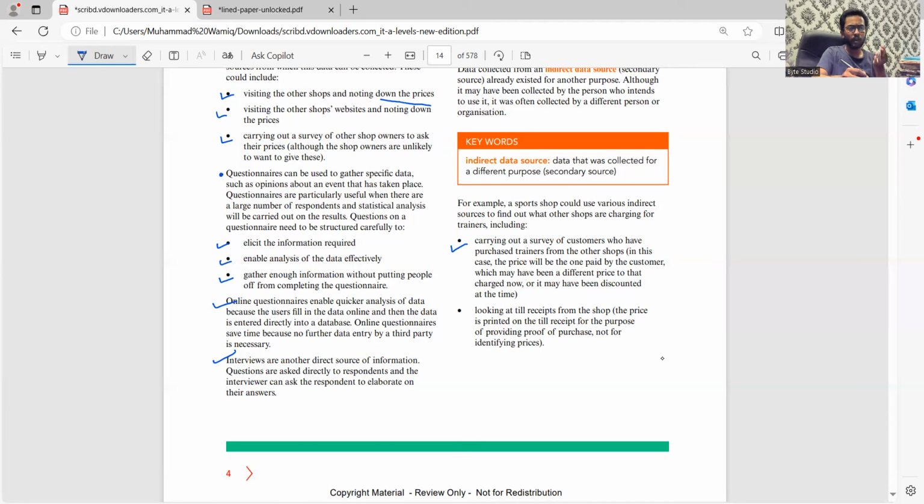It could be a document, it could be a form, it could be a receipt that is already purchased by the customers, and you are focusing on that, or you are working on some proofs or some documentation. Like if you have any piece of paper, you can check the amount that the customers have purchased, or you can make a conclusion from that. So this is an indirect source.